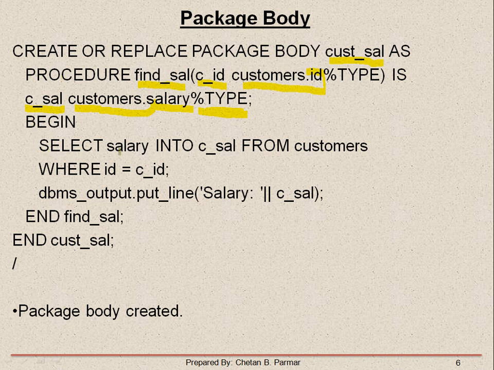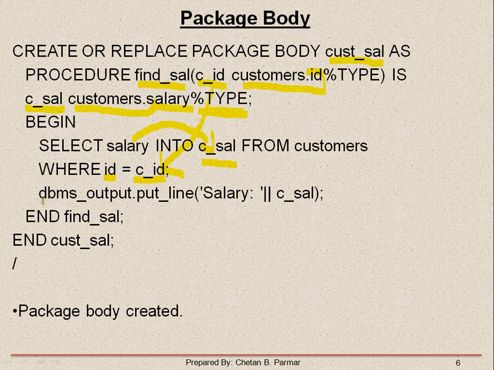Here I am finding the salary of that particular customer. So select salary into c_salary. Ultimately this salary will be stored into this variable c_salary from customer, where table ID equal to customer ID which I already passed here.